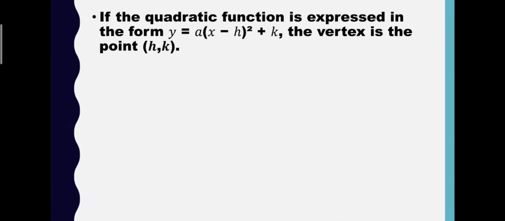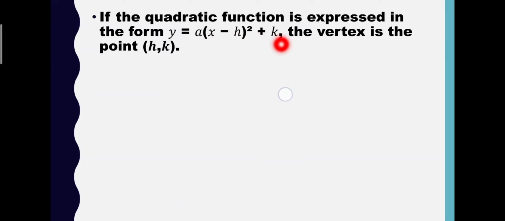Okay, next. If the quadratic function is expressed in the form y is equal to a times the quantity x minus h squared plus k, the vertex is the point (h, k). So, if ang quadratic function daw ay naka-express na in vertex form, di ba?